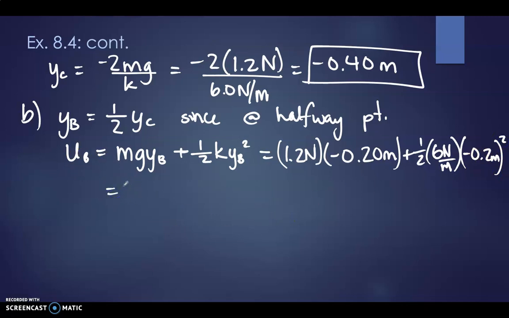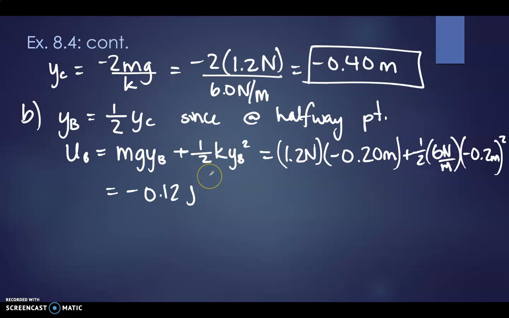Okay, so if we do this in our calculator, 0.2 squared times 6 times 1/2, and this is positive, plus 1.2 times negative 0.2, we'll get that our potential energy is negative 0.12 joules. Does this make sense?